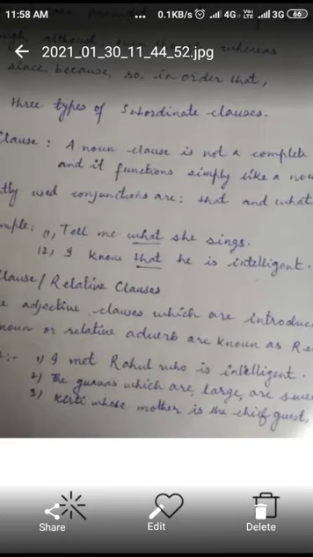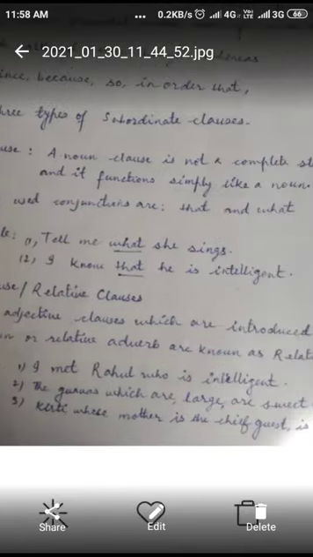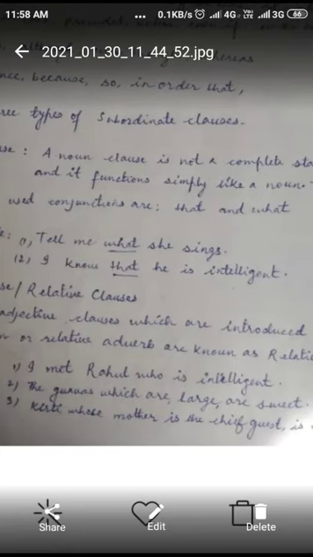The guavas which are large are sweet. The relative pronoun which joins the guavas, which are large, with are sweet.